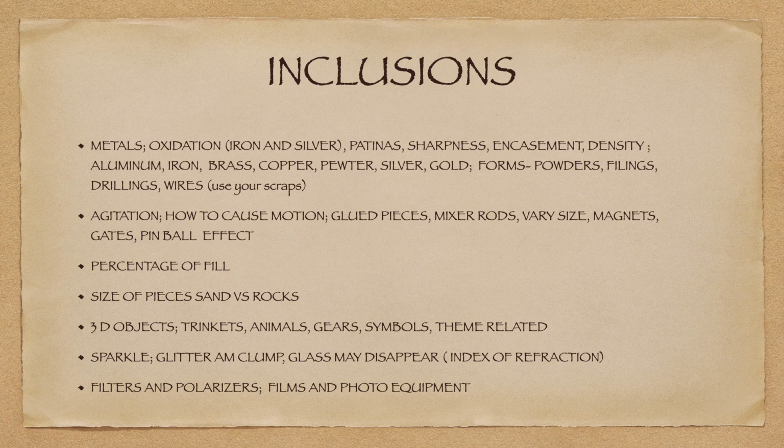Now, motion is a critical aspect to the image production in a kaleidoscope. So how you agitate or how you cause motion with the inclusions within the object case is another issue that may need some consideration.